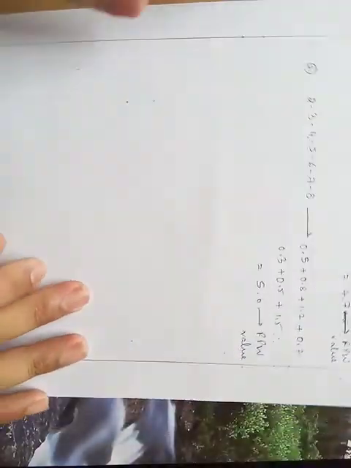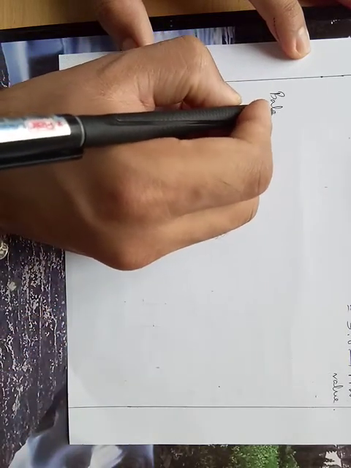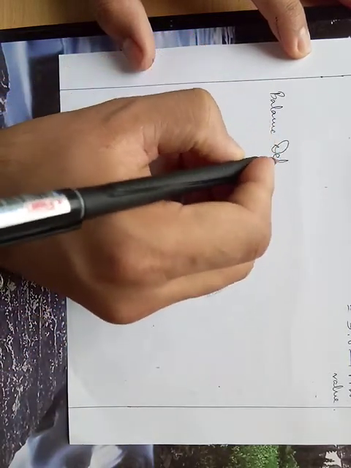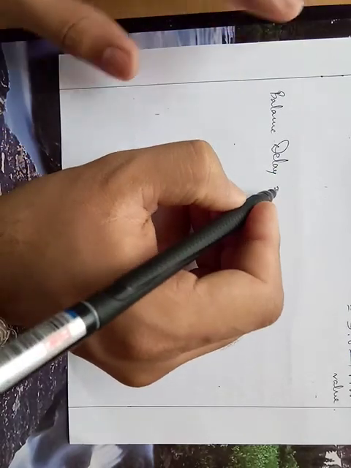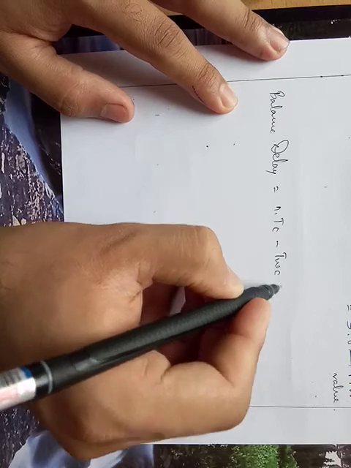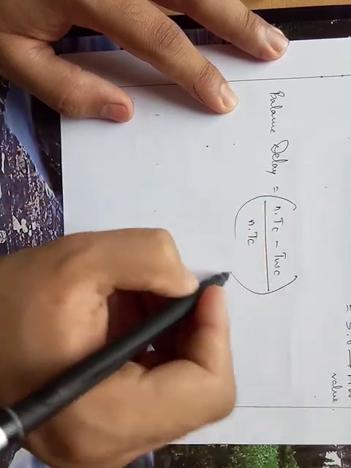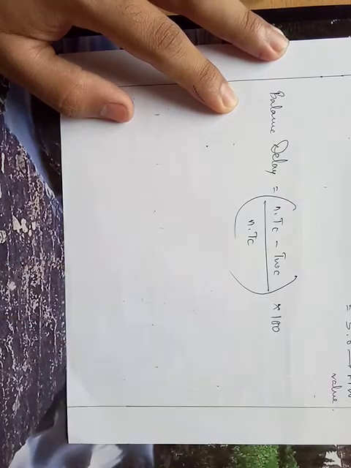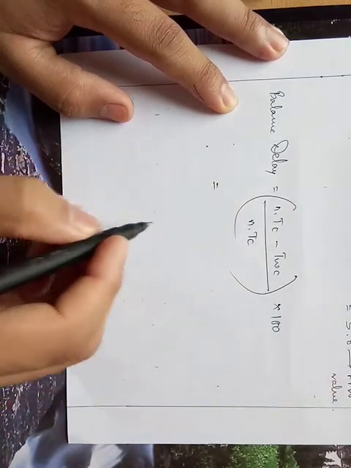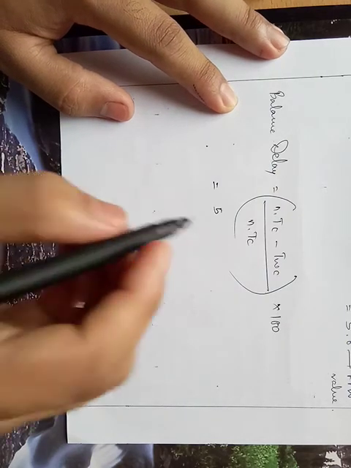And at last, I need to calculate balance delay. It is given by n into Tc minus total work content time, divided by n into Tc, and the whole fraction you multiply by 100. So the total number of workstations from the previous step is 5.